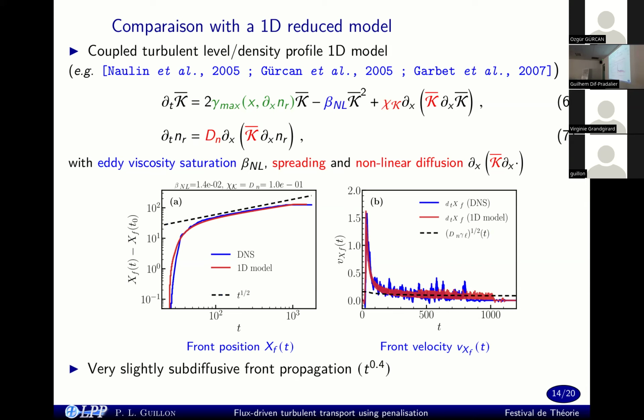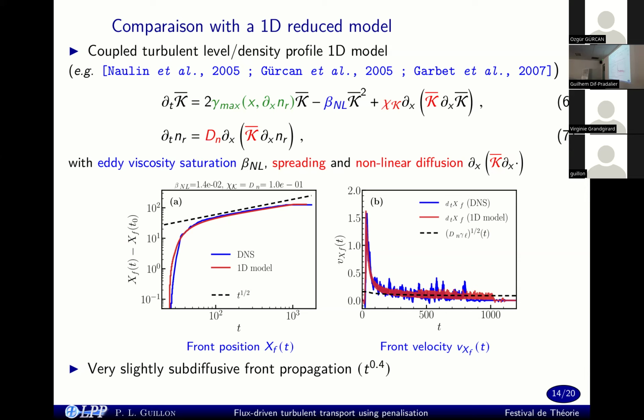And particularly if we compare with typical diffusion estimation, so square root of t for the front propagation, you see that the front seems to propagate, both in the 1D model and in the DNS, slightly slower, at t to the 0.4. And the velocity estimation seems to be okay in the slow spreading time.